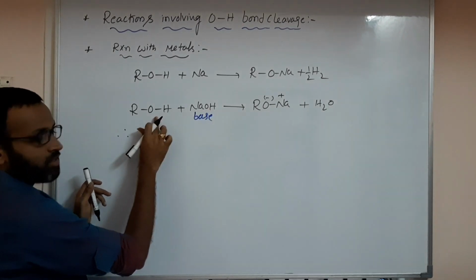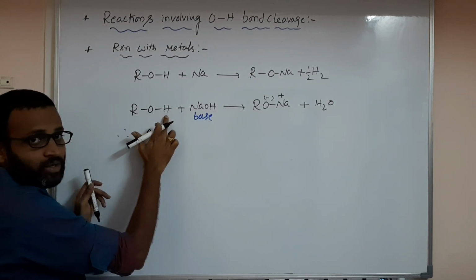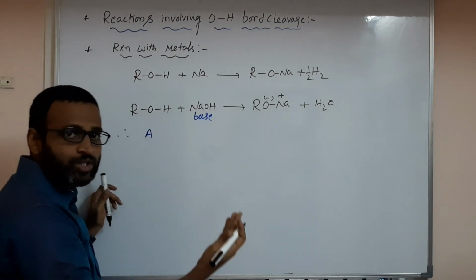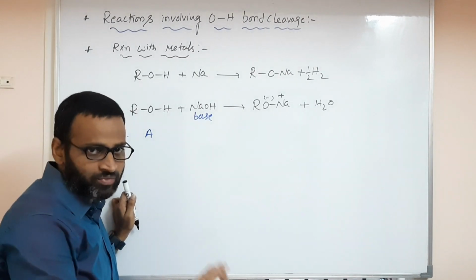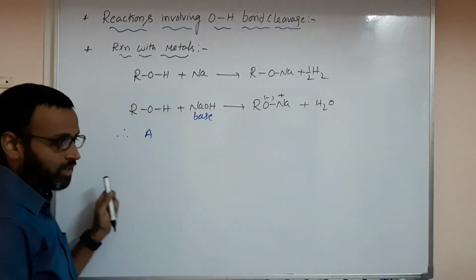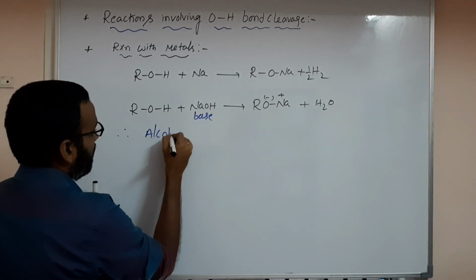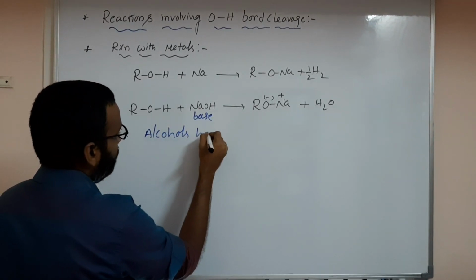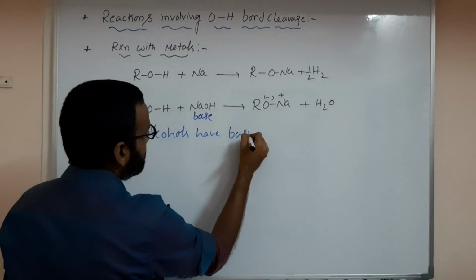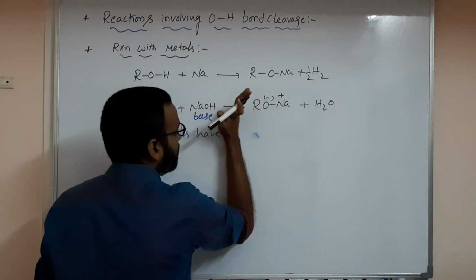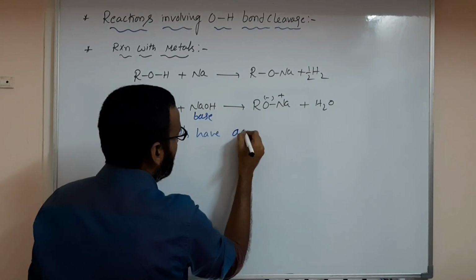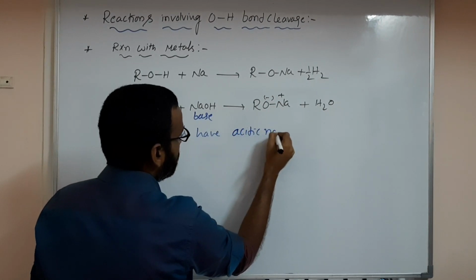So alcohols are acidic because they are losing hydrogen, right? So who are losing H plus? They are called Bronsted acids. Of course weak, but Bronsted acid. So therefore we can say alcohols have what nature? Acidic nature, sorry.